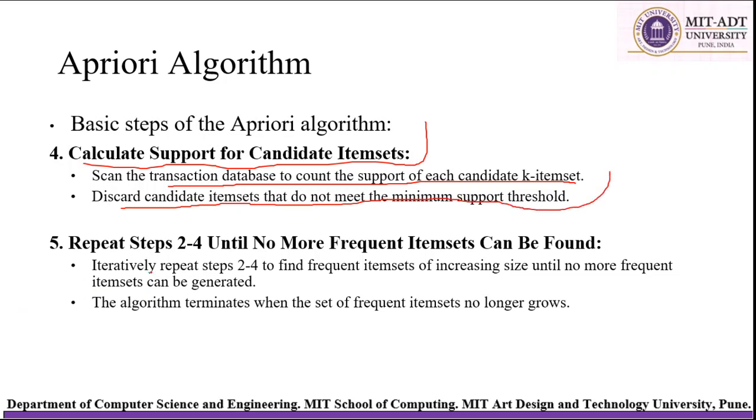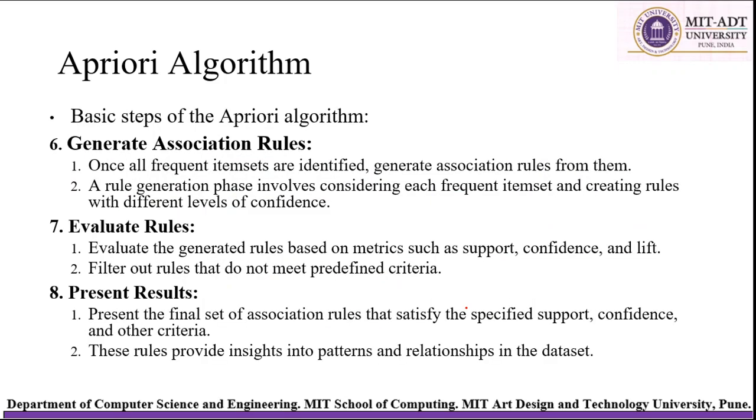In step 5, steps 2, 3 and 4 are repeated until no more frequent item sets can be found. So we'll repeat the steps 2, 3 and 4 to generate the frequent item sets. And finally, at the end, we are having all the frequent item sets.